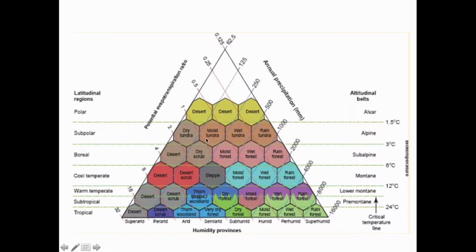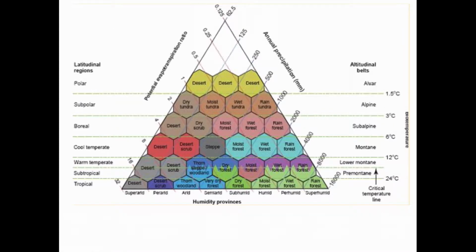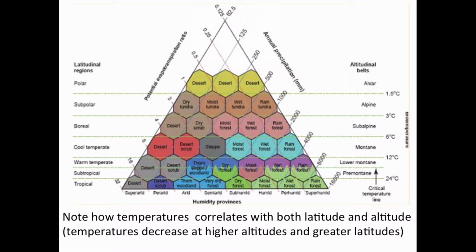On either side of the diagram, these bands are present. And the reason that they're on both sides of the diagram is to really point out that there's a correlation here between latitude and altitude. So note how the temperatures correlate with both the latitude and the altitude.